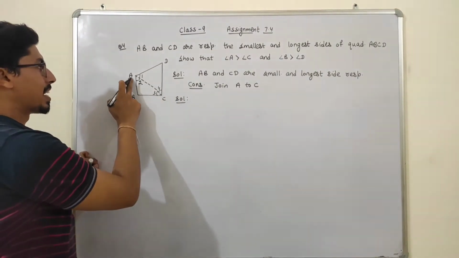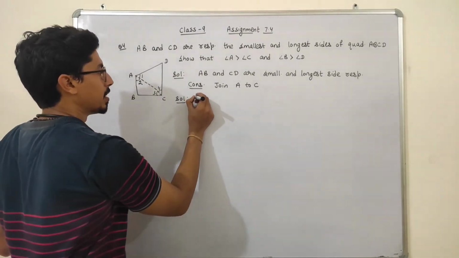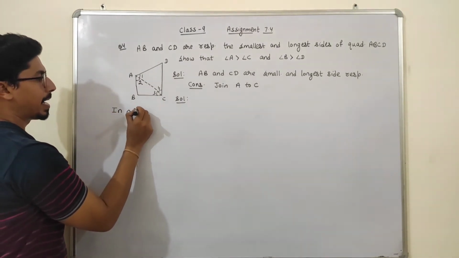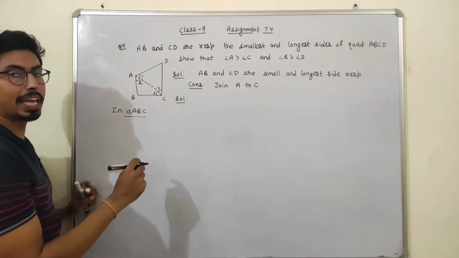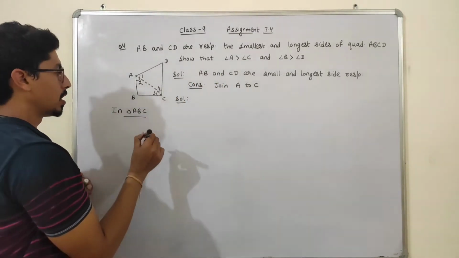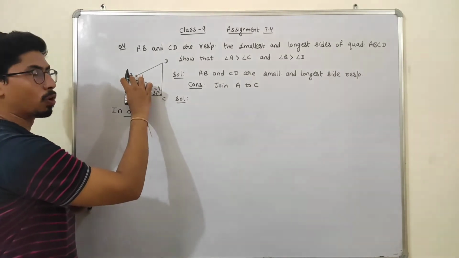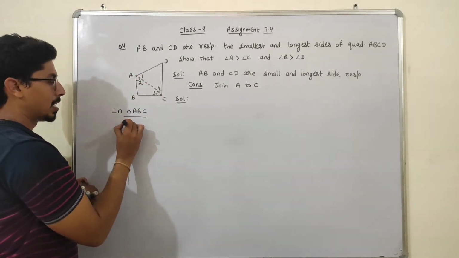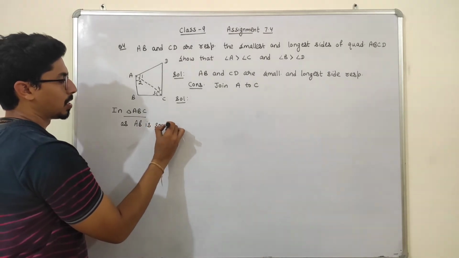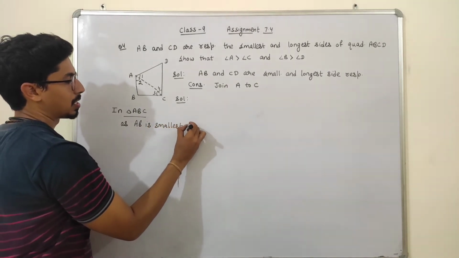If I take triangle ABC, it is given that AB is the smallest side.